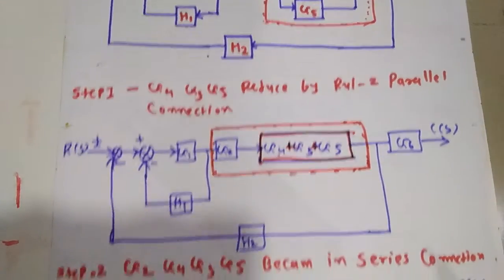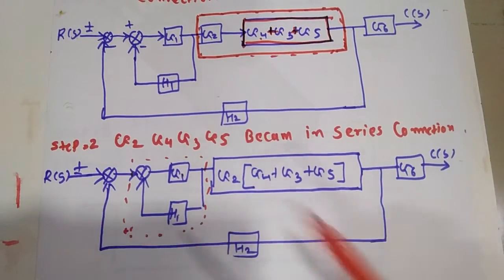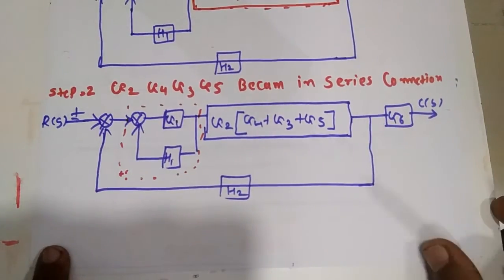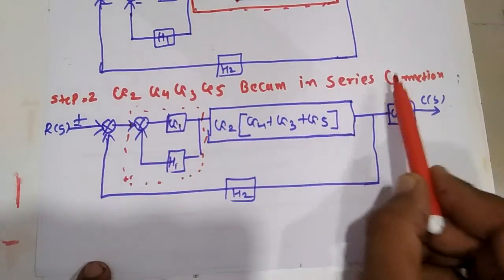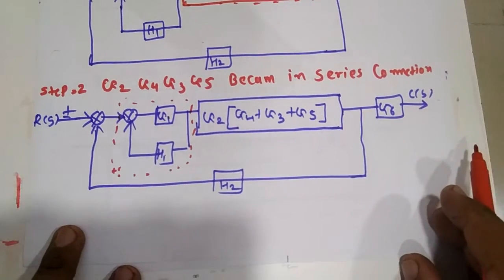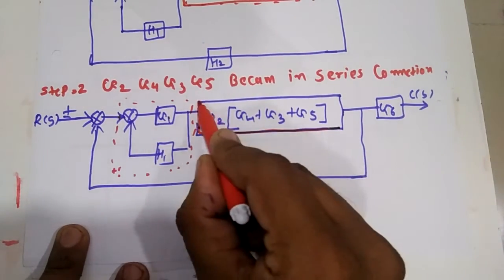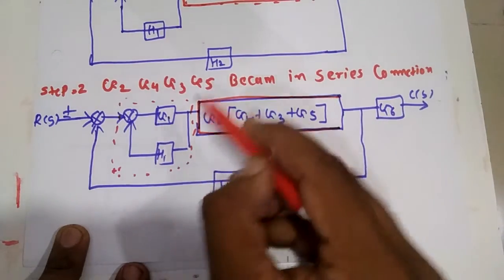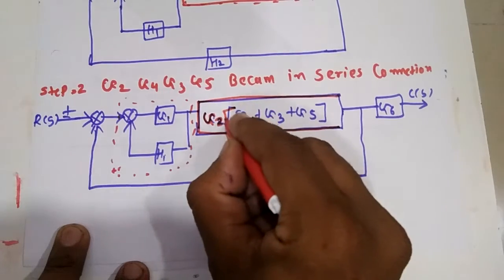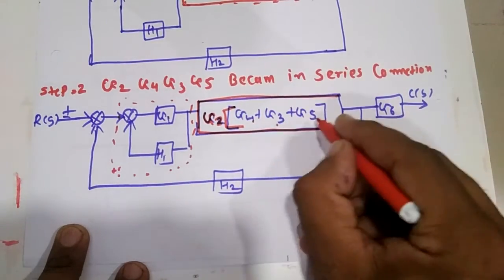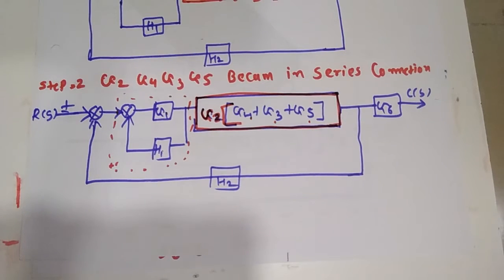Step 2 is to apply the series connection. So here G2 into G4, G3 and G5 becomes the series connection of this control system.